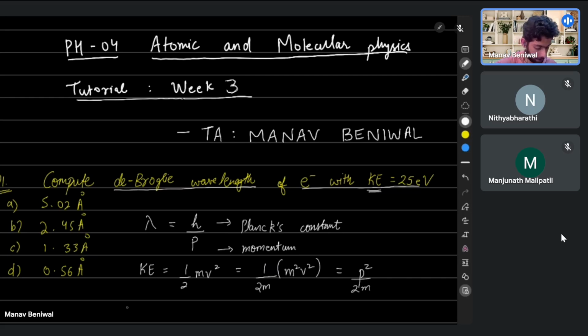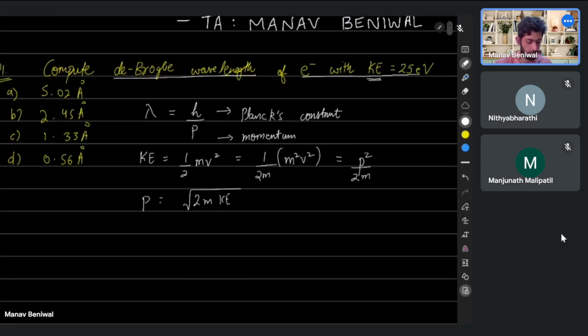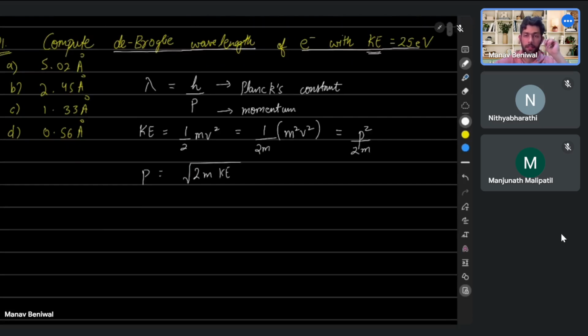Therefore we can write p as under root 2m times KE, where KE is the kinetic energy.